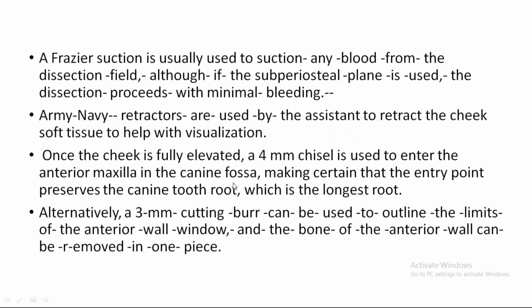A Frazier suction is usually used to suck out any blood from the dissection field, although if the subperiosteal plane is used, the dissection proceeds with minimal bleeding. I told you, even when you are doing a mastoid, if you give a good infiltration, then there will be a hydrodissection ready for you, and you will enter the subperiosteal plane without any problem.